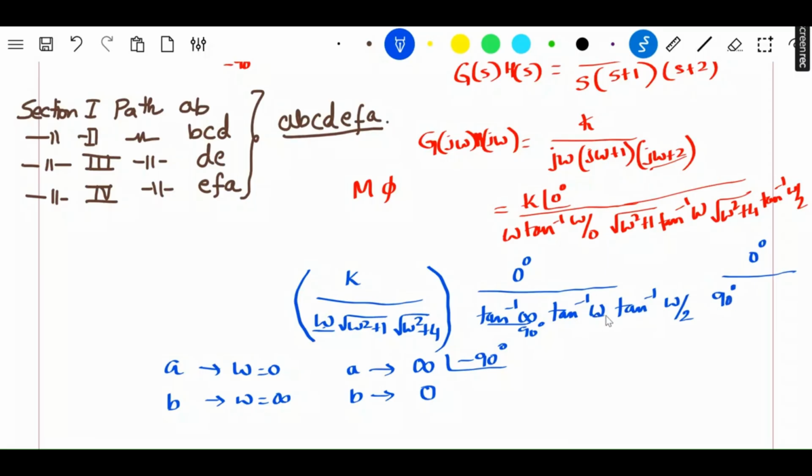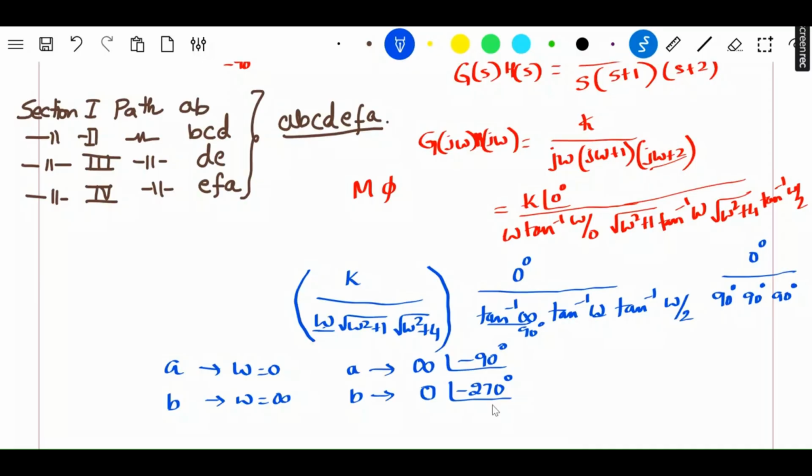Omega is infinity, so again tan inverse of infinity is 90 degree, and tan inverse of infinity divided by 2 is again 90 degree. 90, 90, 90 gives 270 degree in the denominator. If it goes to the numerator, it becomes minus 270 degree. So at A it is infinite at minus 90 degree, whereas at B it is 0 at an angle of minus 270 degree.